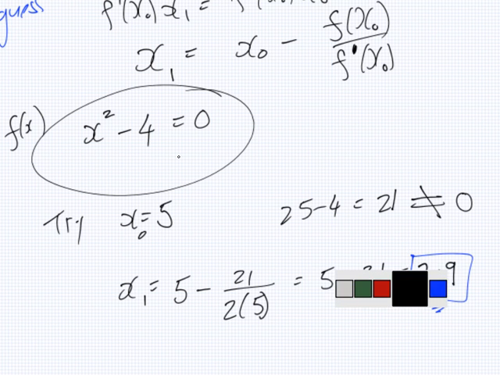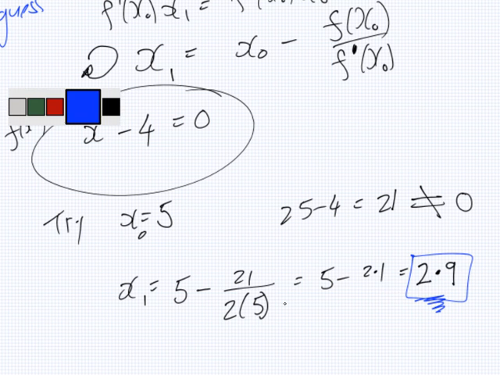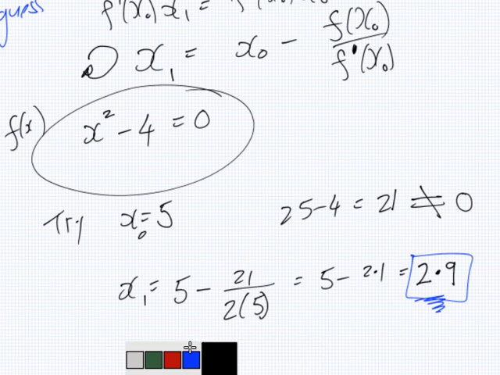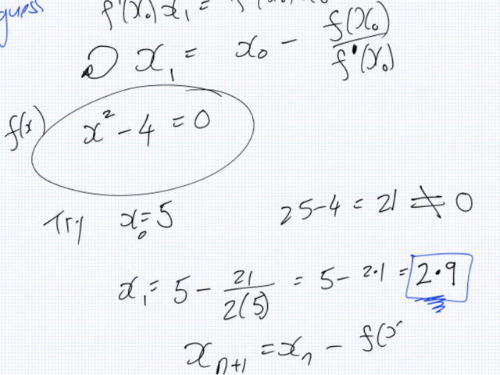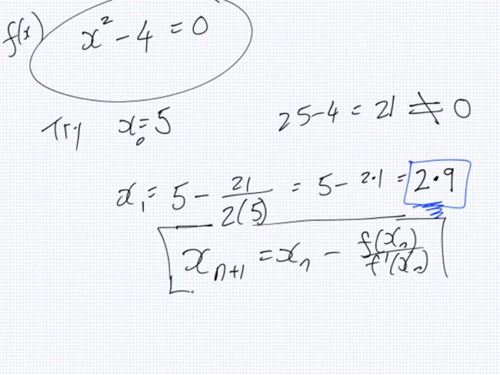And so what we can do is we can change this into a formula where we keep applying it to get closer to the answer. So we can write the formula now like this. x(n+1) equals xn minus f(xn) over f'(xn). This is the Newton-Raphson formula. So let's apply it to this example.